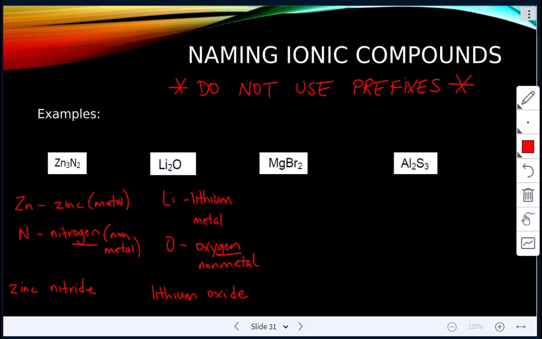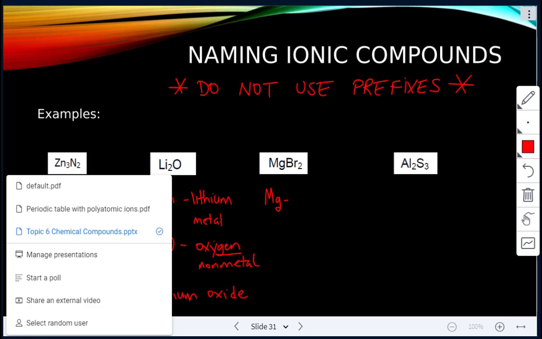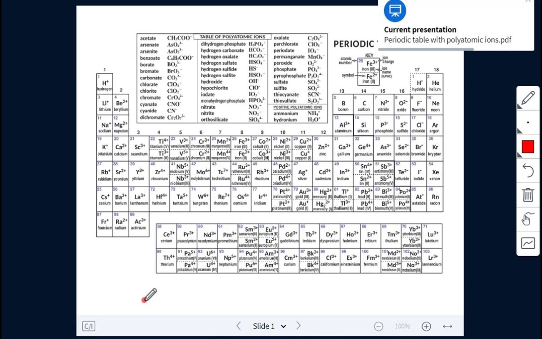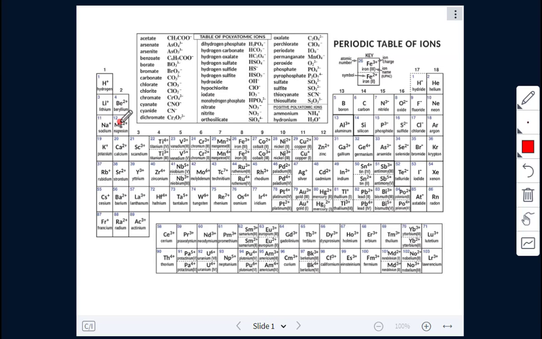All right, so our next one, we're going to find Mg on our periodic table. All right, so I'll just do a quick going back to the periodic table. So we're looking for Mg. Mg is right here. It is magnesium, and we are looking for Br, which is bromine, which is right here. All right, so again, it is a metal and a non-metal.